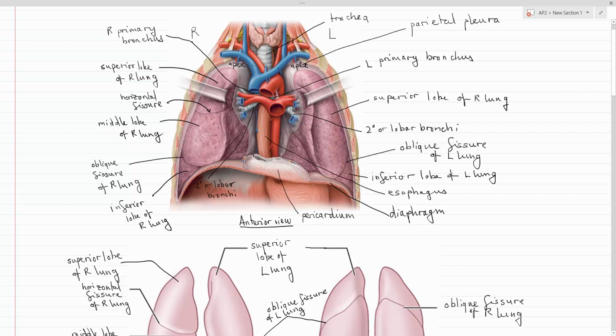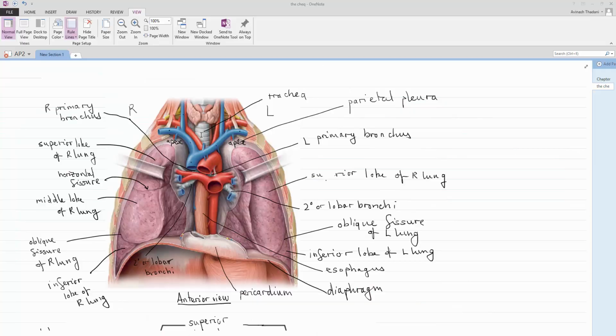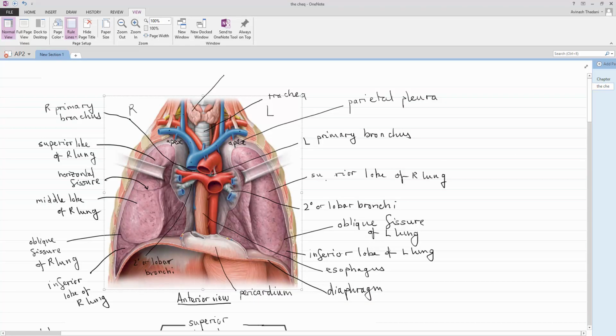And the brachiocephalic veins are formed by the confluence of the subclavian veins over here and here with the internal jugular veins here and here, right? We did all that when looking at the different blood vessels. And this is the superior vena cava. Similarly, this is the thyroid gland, which is obviously not part of the respiratory system.